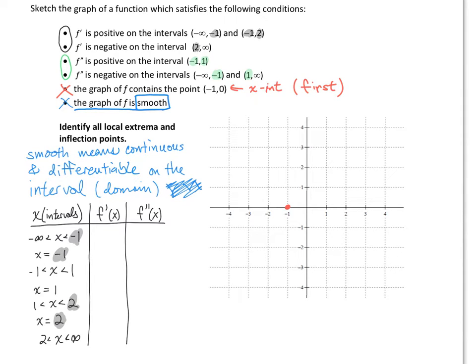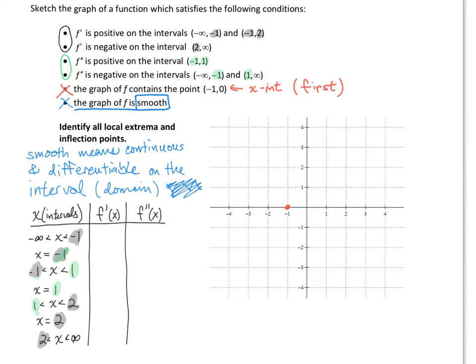We went from 1, 1, 1. This was both green and black. That number showed up in both of them. And then 2. So all those numbers came from up here, these intervals.